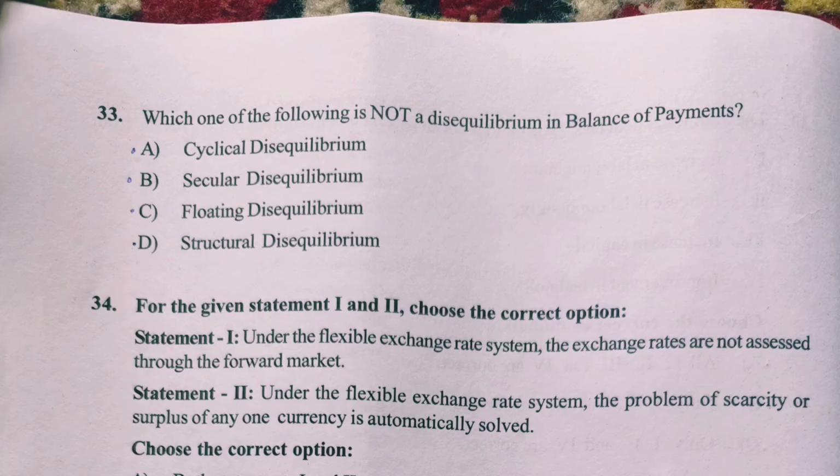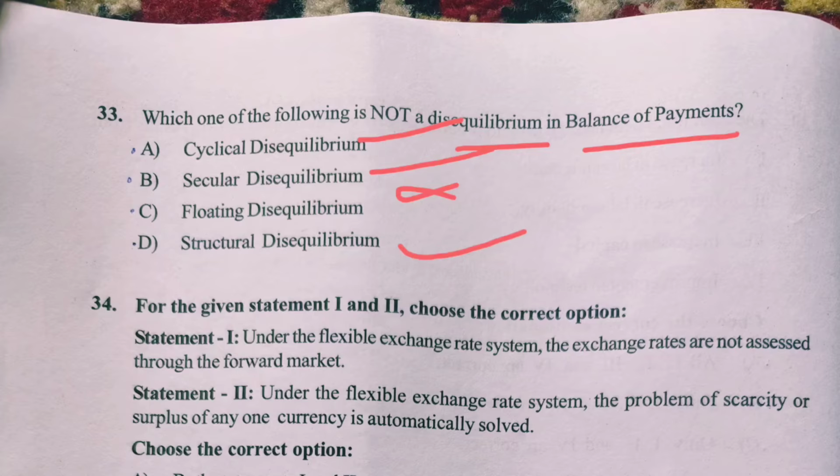Next question is, which one of the following is not a disequilibrium in balance of payments? Okay, we have cyclical disequilibrium, secular disequilibrium, floating disequilibrium is not, and structural disequilibrium is. Cyclical disequilibrium arises from the cyclical fluctuations of countries' economies, such as in periods of recession or boom.